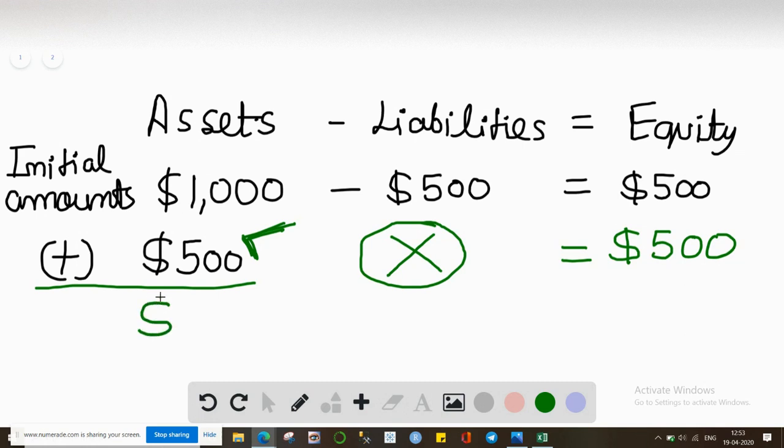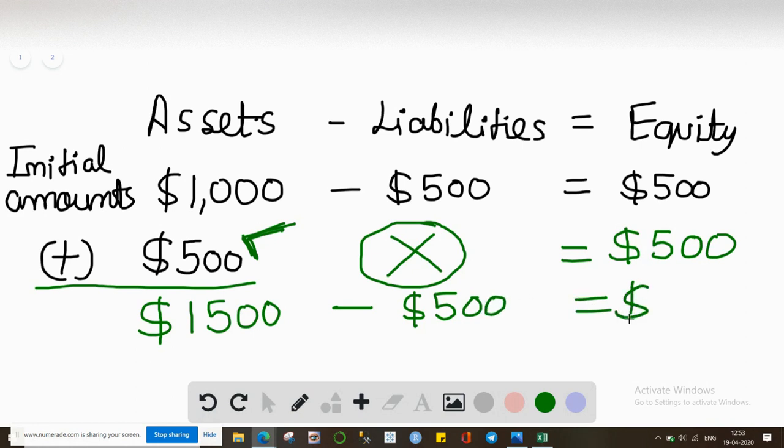What is the net effect of the transaction? The assets will become $1,500, liabilities stay as they are at $500, and equity will be $1,000. So what is the net effect on both sides of the equation?